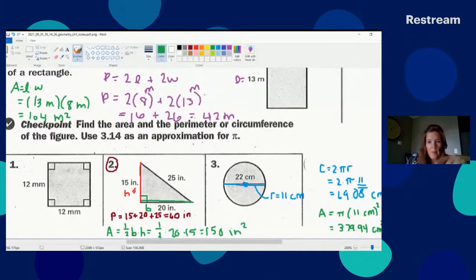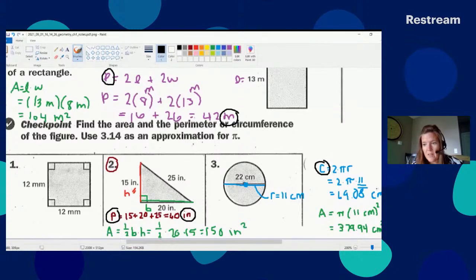Right? So now if you look back and you look at the pattern, all of the perimeters, the perimeter up here had a unit of meters, perimeter here had a unit of inches. The circumference, which is like the perimeter of a circle, had a unit of centimeters. So notice, whenever you're just talking about the outside, you're only going to have a single unit because you're just talking about walking around the outside, right?